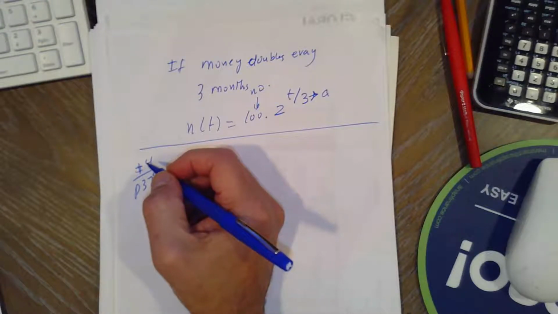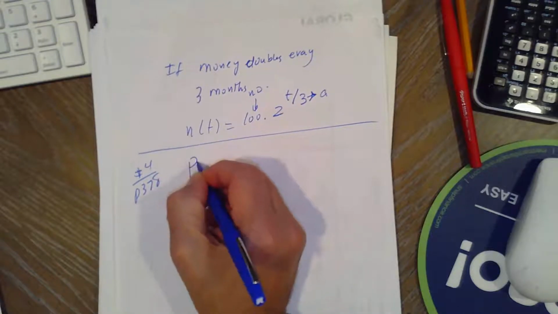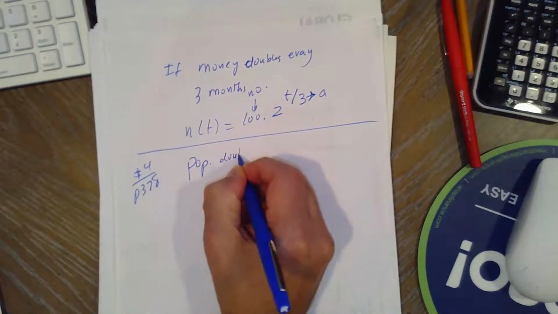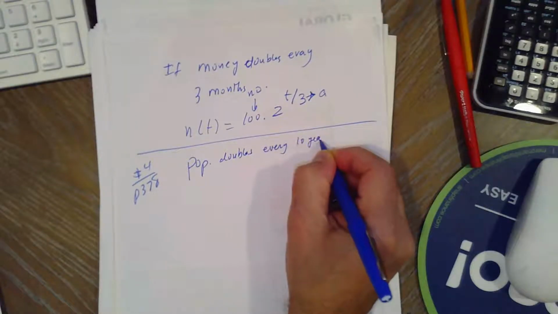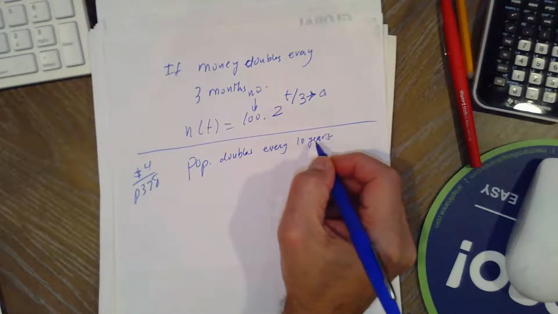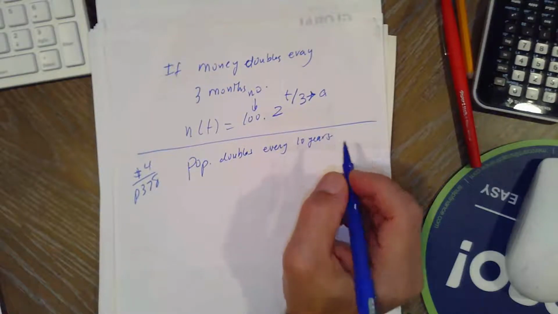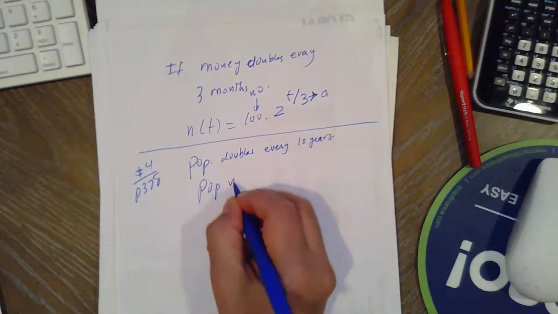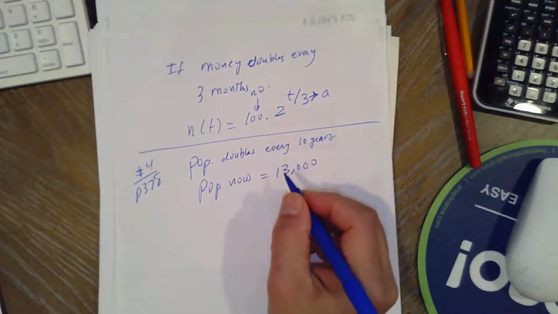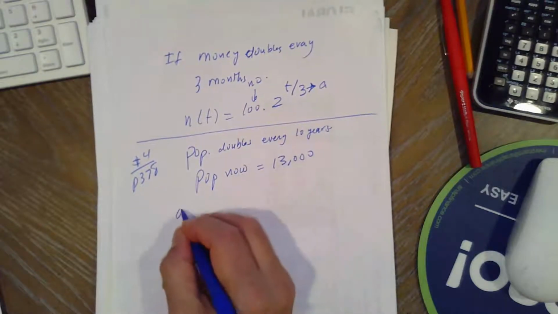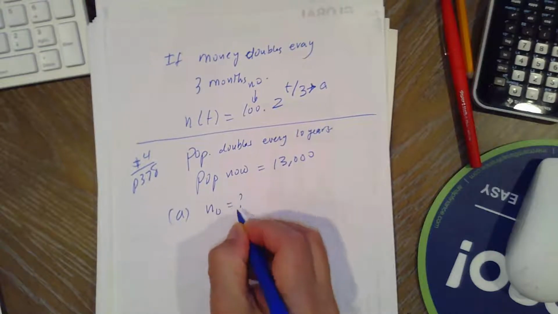Biologists observe that the population doubles every 10 years. And now the population is 13,000. What was the initial size of the bird population? So that we want N sub 0, the initial size.